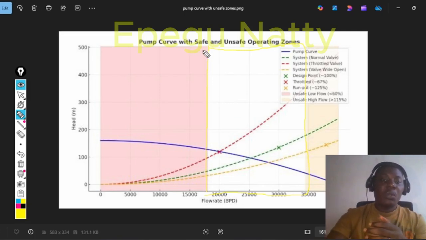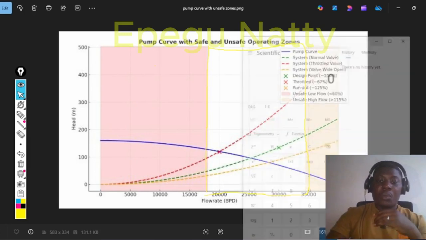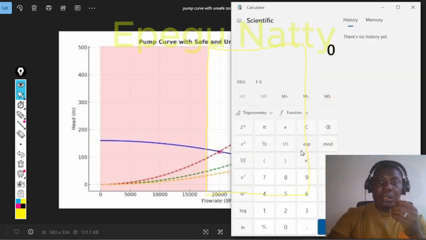But anything below this is not good. It's not safe for your pumps. So let's say you are operating a 30,000 barrel plant, and then you're operating at, let's say, 50%. So at 50%, your flow rate is going to be what? 0.5 times 30,000 barrel.